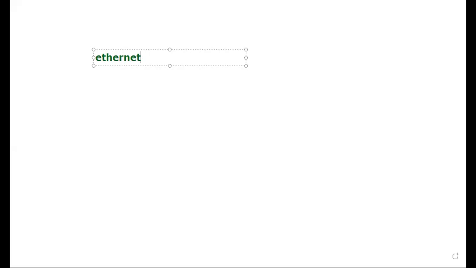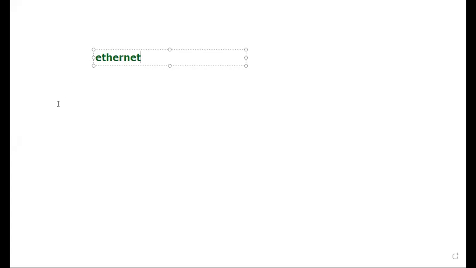Earlier they were using twisted pair cables, but now coaxial cable is used. Depending upon whether you are using the thick coaxial cable or thin coaxial cable, the Ethernet is known as thick net or thin net.